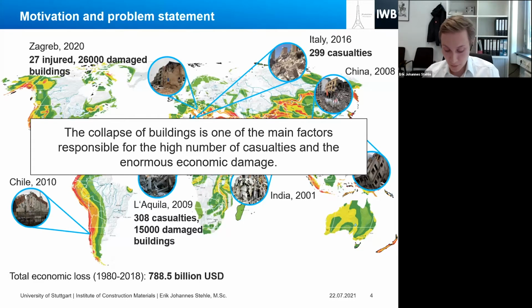And these reinforced concrete structures are particularly prone to unfavorable brittle failure modes, such as, for example, beam column joint failure or column shear failure, or soft story mechanisms. And therefore, such buildings need to be retrofitted so they can improve their performance during future earthquakes.